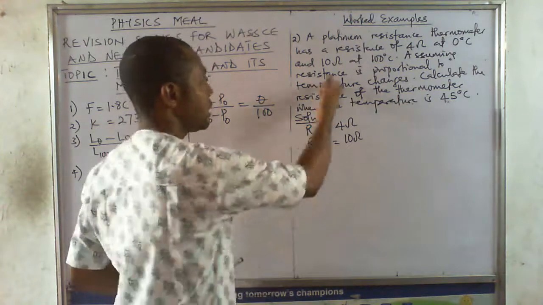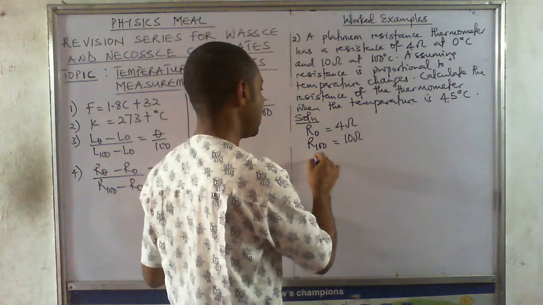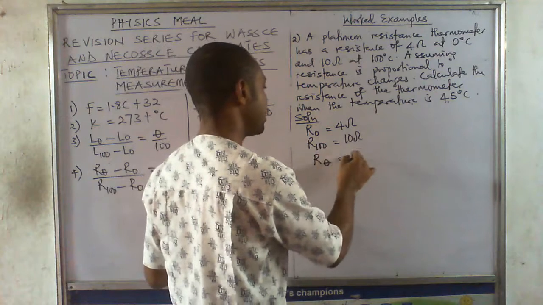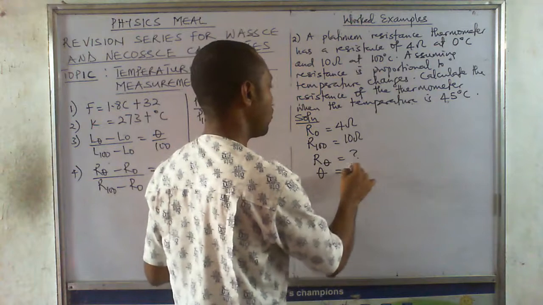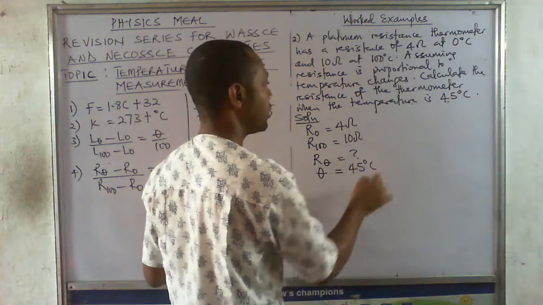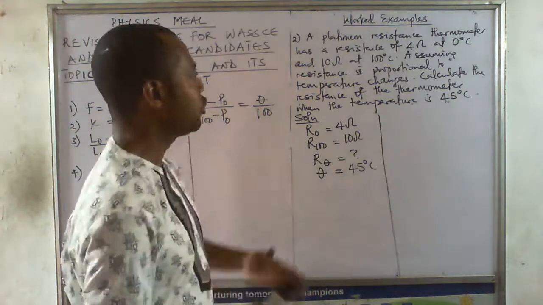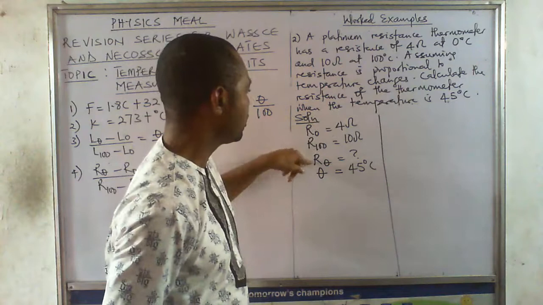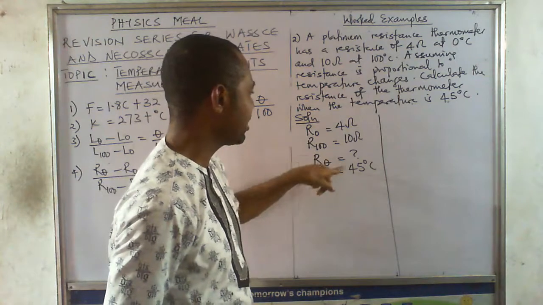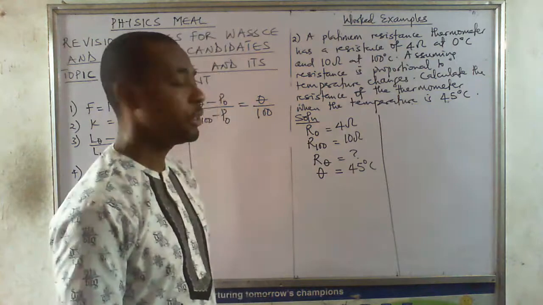So that's this assumption. Calculate the resistance of the thermometer at a temperature theta of 45 degrees. So we are looking for the resistance at a given temperature, and that temperature is 45 degrees.